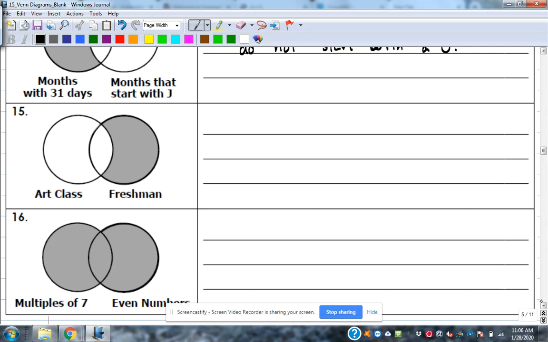I'm sure there's a lot of things I don't know, but number 15 says art class and freshman, and it's colored in on the right hand side. So, freshmen who don't take art class, that could be freshmen.